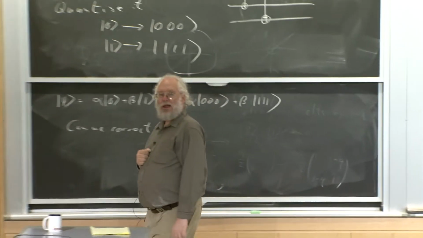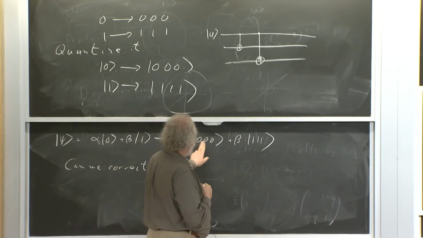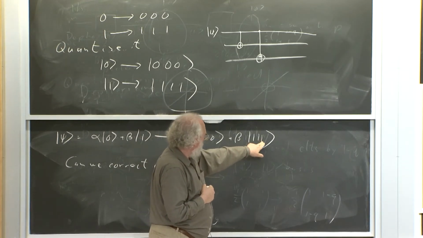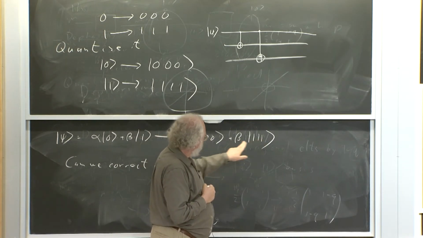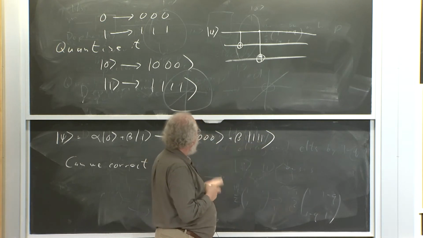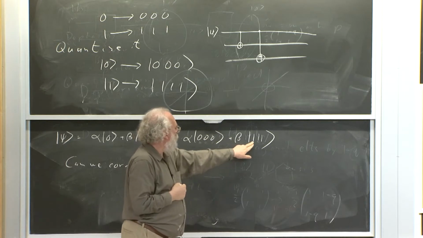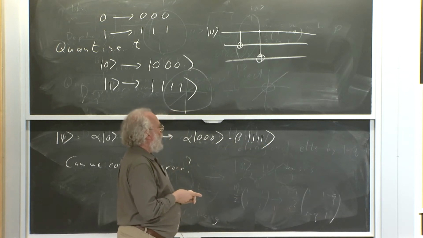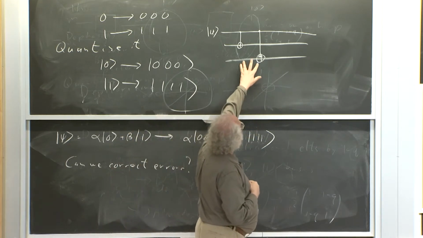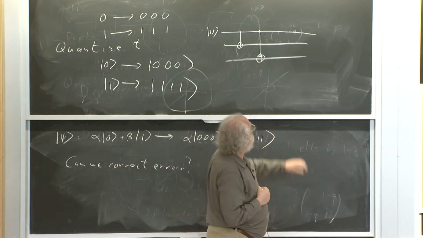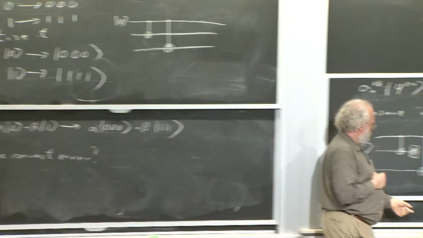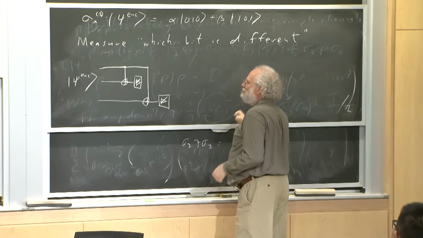So alpha 0, 0, 0 plus beta 1, 1, 1 goes to alpha 0, 0, 0 plus beta 1, 0, 0. And you measure 2 zeros. So that's good. And you can see that this decoding circuit is really the inverse of the encoding circuit. So that's very good.